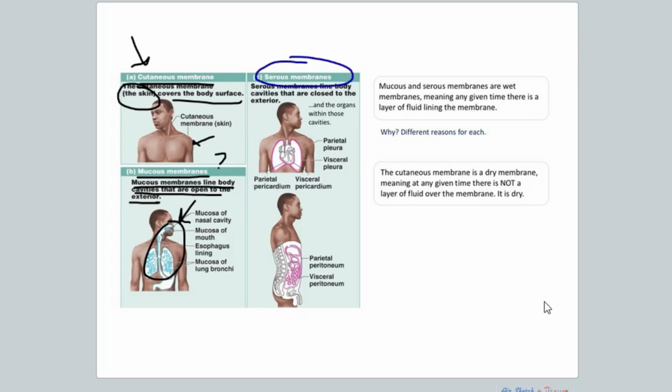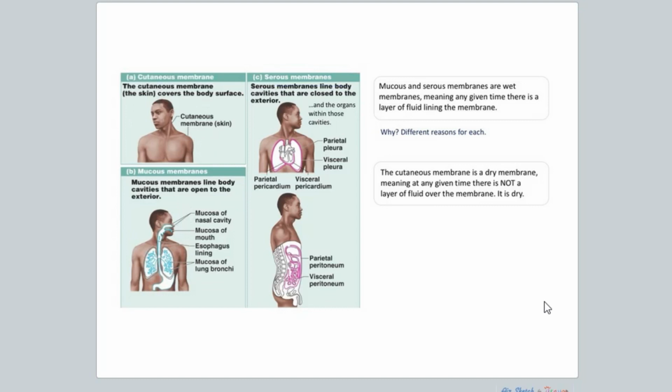And these are a little more complicated, I guess, or just a little bit different to wrap your head around. But where we find those, serous membranes are going to line closed body cavities. Cavities that are closed to the exterior, like the pleural cavities, for instance. And not only are they going to line those internal cavities, but they're going to line the organs within those cavities as well.